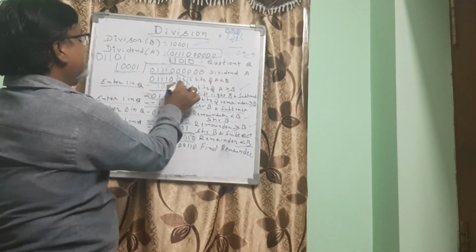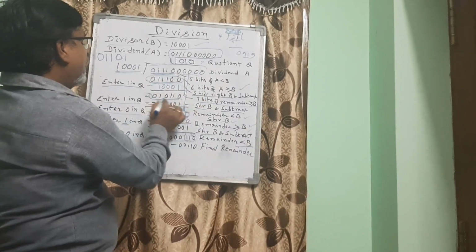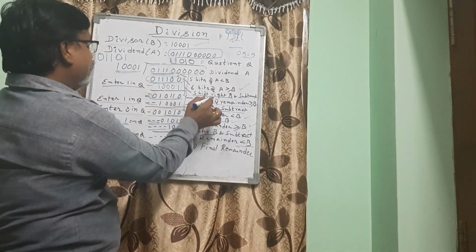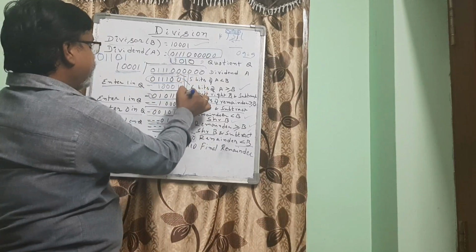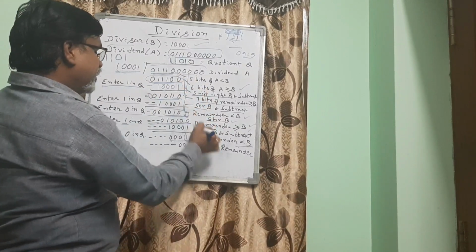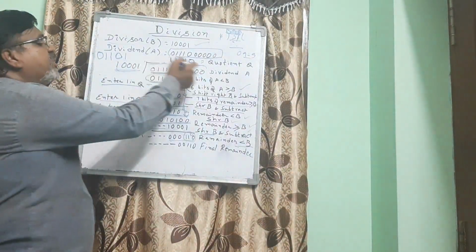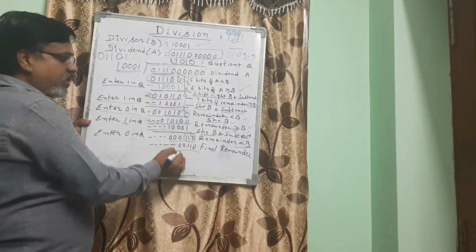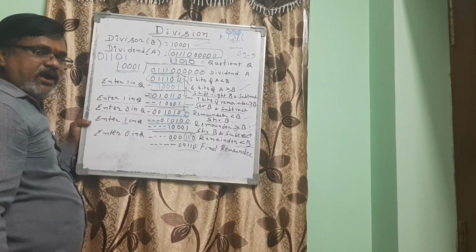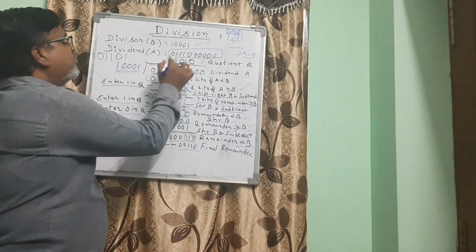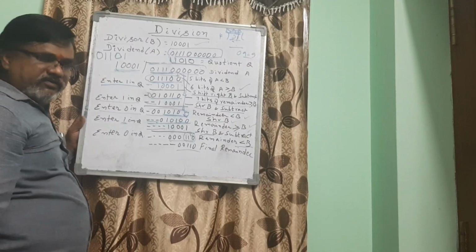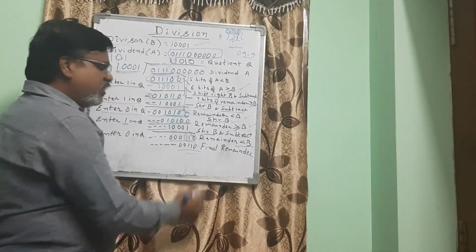So here 6 numbers are over here. Then one more number is added, 7 bit. So 7, 8, here 9. This is the 10th one. So 10 bits have come down. So even after coming down the 10th bit, still the b is lesser than the remainder. Here the 10 bits are over. That's why you can stop dividing the number by considering this as the final limit.